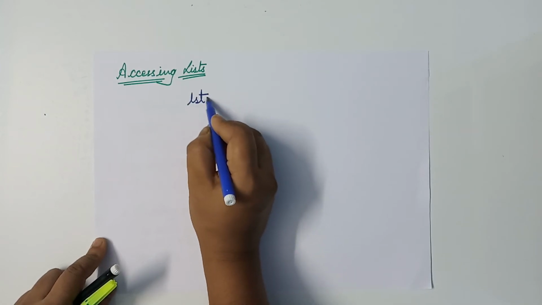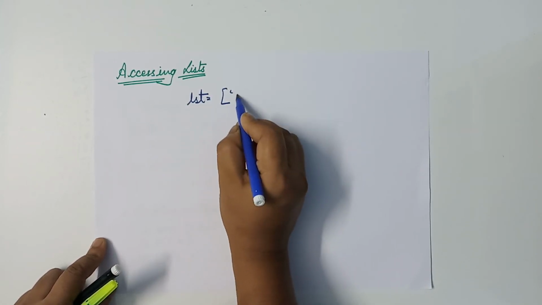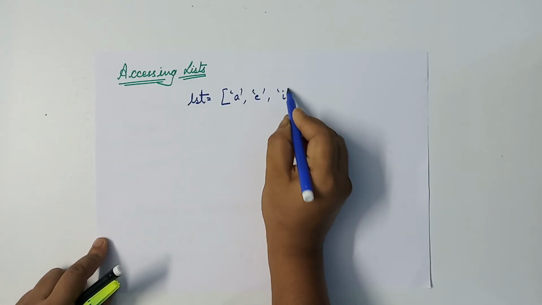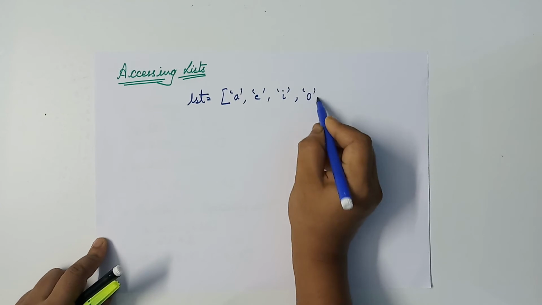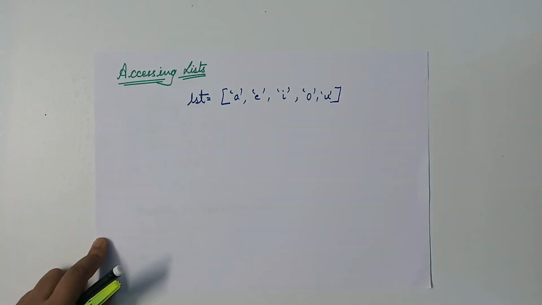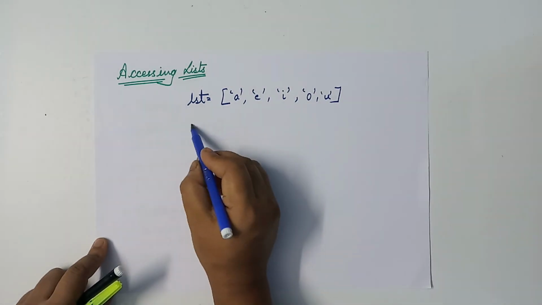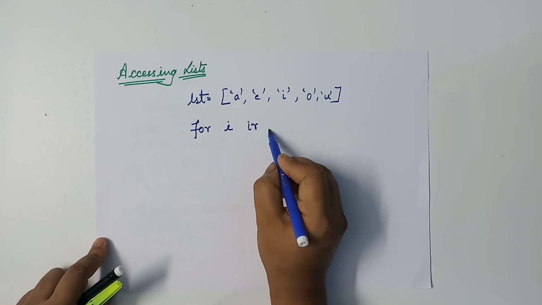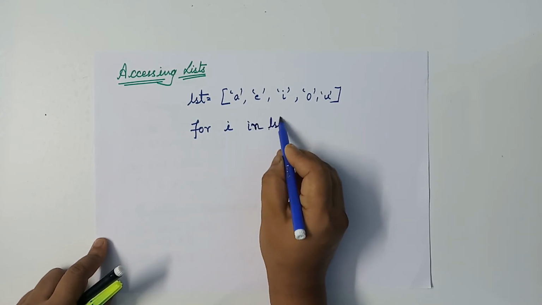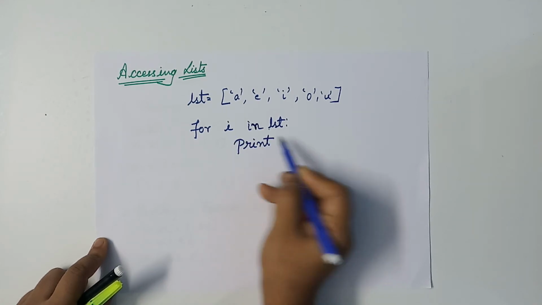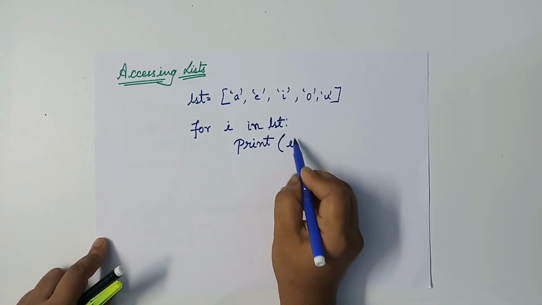This is a list which contains vowels. Now if I want to display each and every element, how can I do this? For this I can use a for loop. Let's say for i in lst, print i.